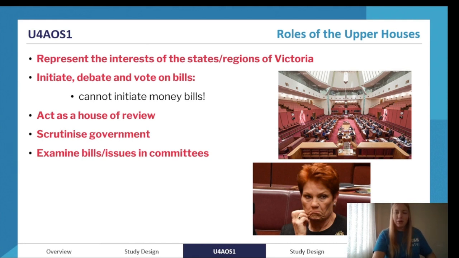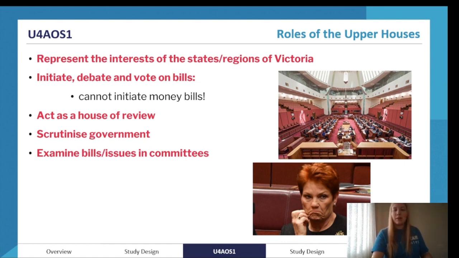Just remember how it's composed. 12 senators are chosen from each state and two from each territory based on broader geographical regions. So instead, they represent the interests of distinct geographical regions or electorates, as we call them. And this is very different to the House of Representatives, where people just vote for members.